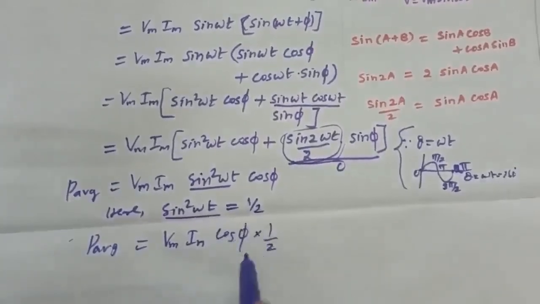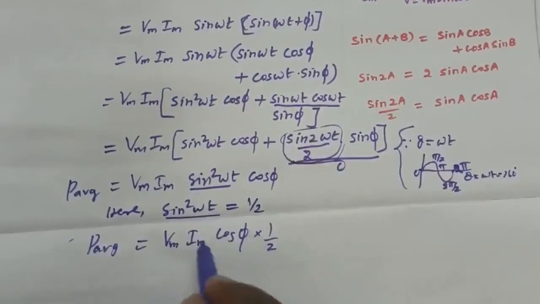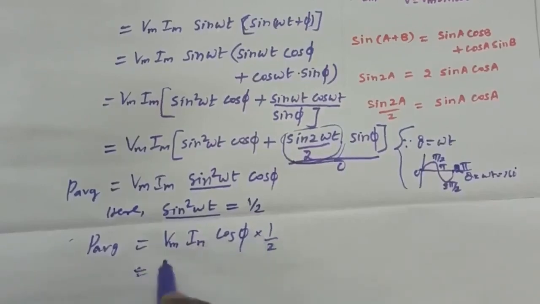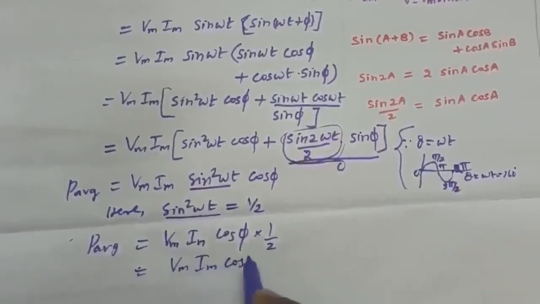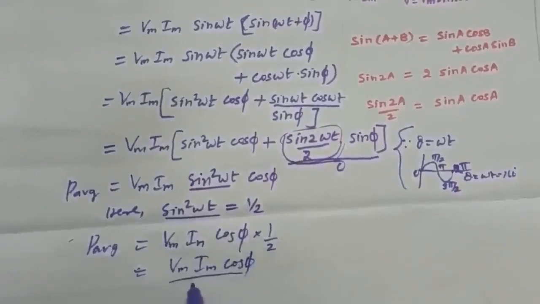Now 1 by 2 is common, so write it as Vm Im cos phi divided by 2.